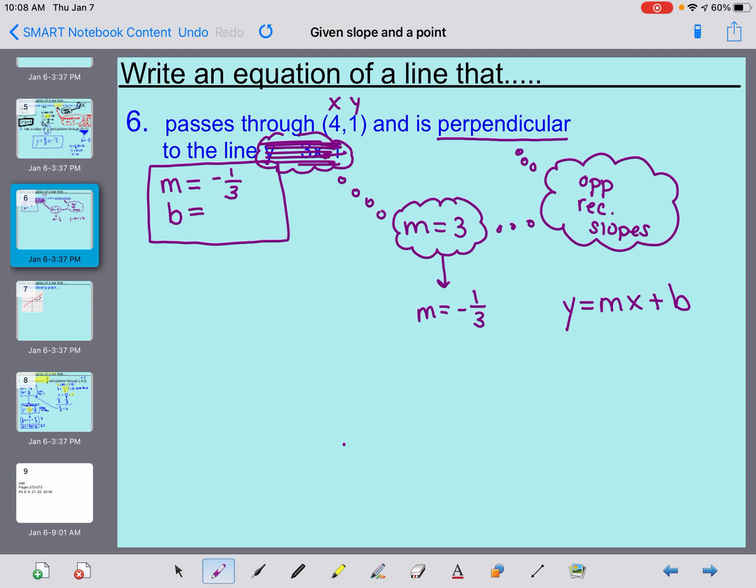So go ahead, pause the video, see if you can plug everything in and finish this problem out. Right, so I've substituted in my m, my x, my y, and I don't know what b is. I'm going to multiply negative 1/3 times 4.